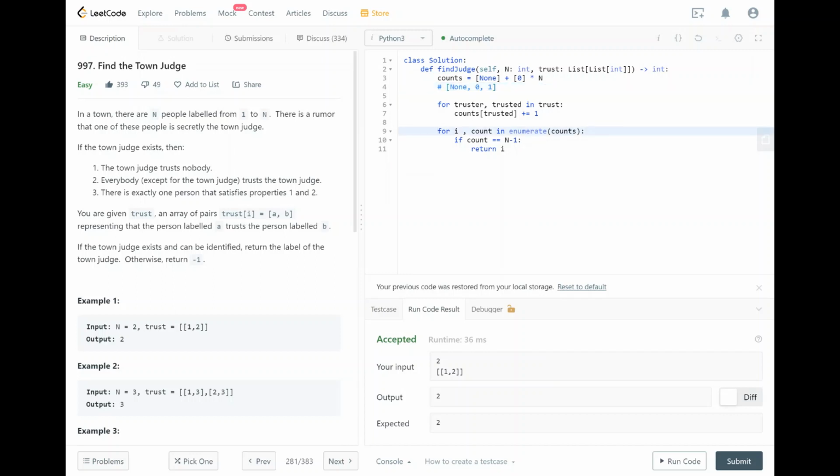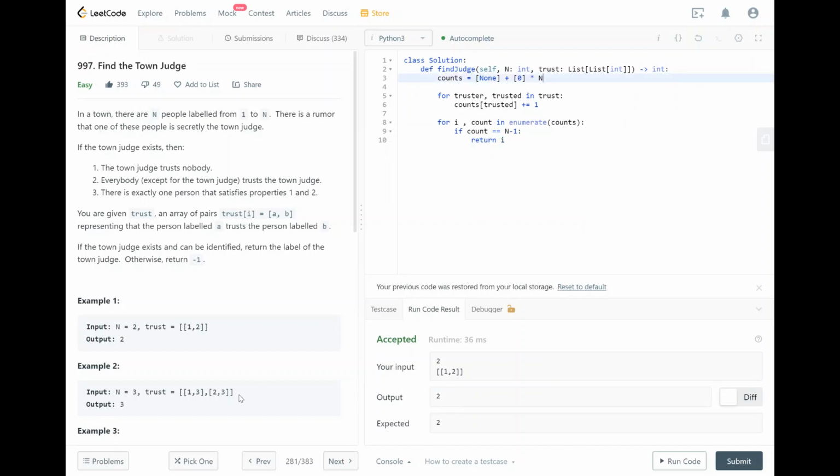Now line 9, for i, count in enumerate counts. So now we're going through our counts array. If count equals n minus 1, so basically we're looking for an item where the count is equal to 1. We find it right here. We return i. That way we return 2. That's how we get our output equal to 2.